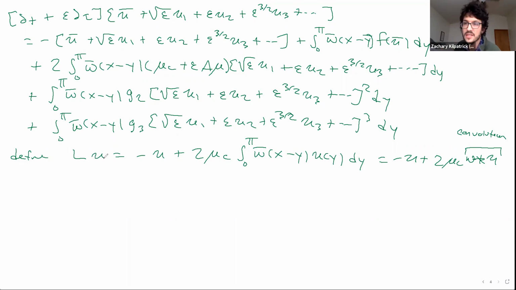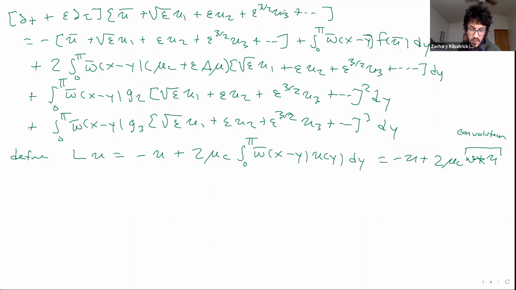And that shouldn't be that surprising, because if you remember from the method of multiple scales that we've dealt with before, you always have this linear part that's just passing through the linear operator that you get by linearizing, right?